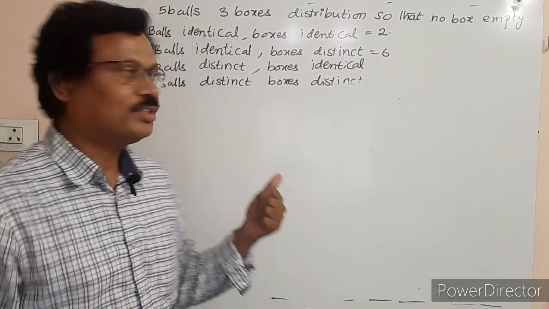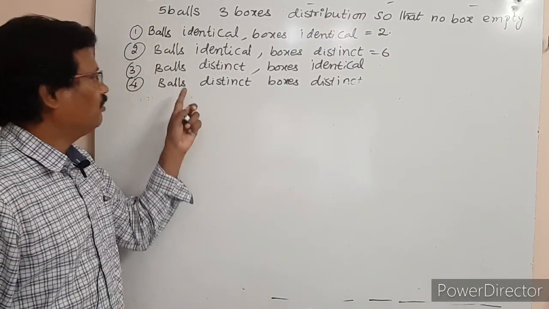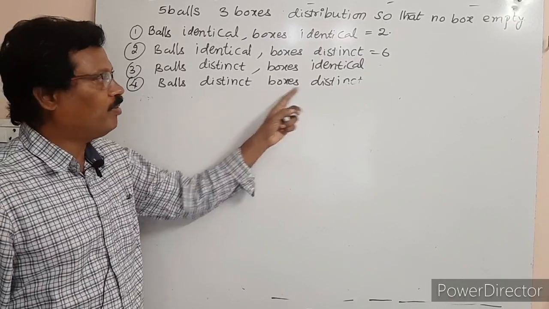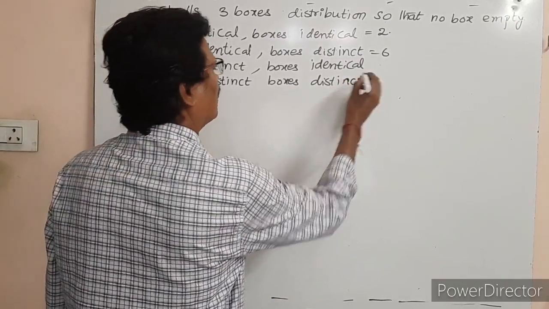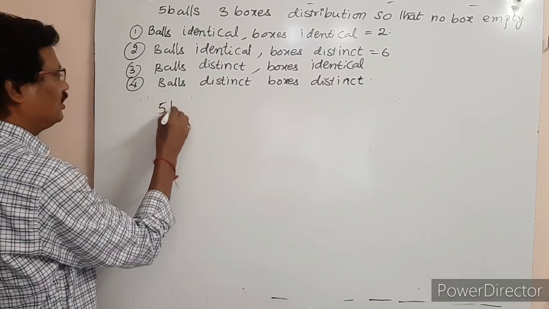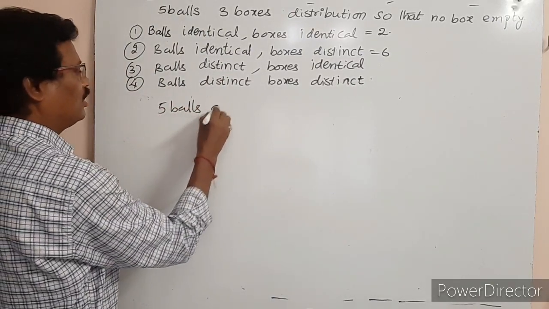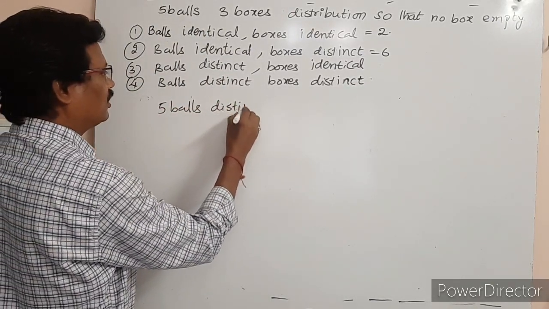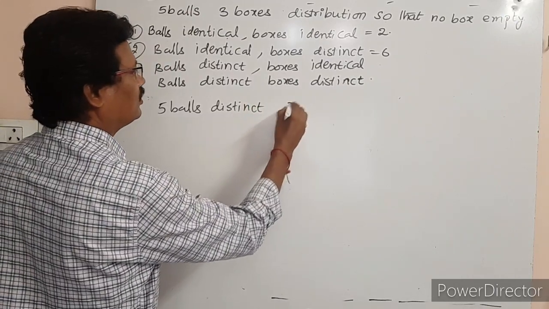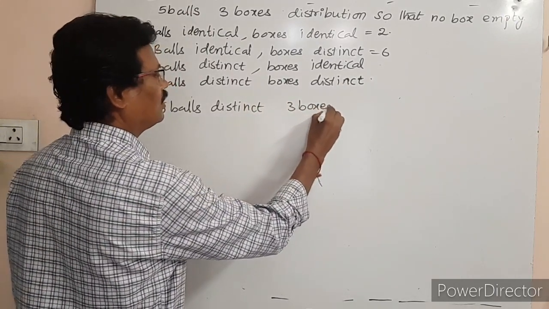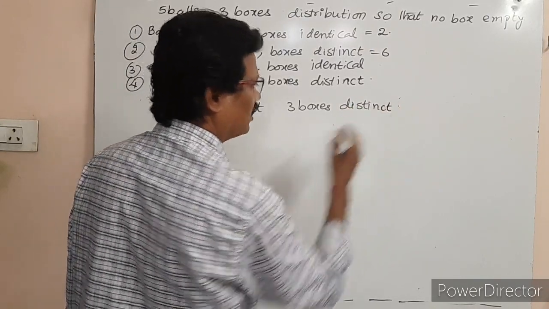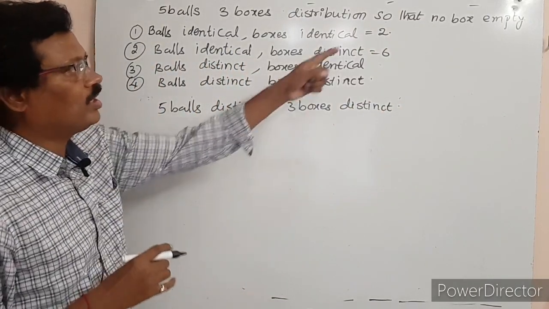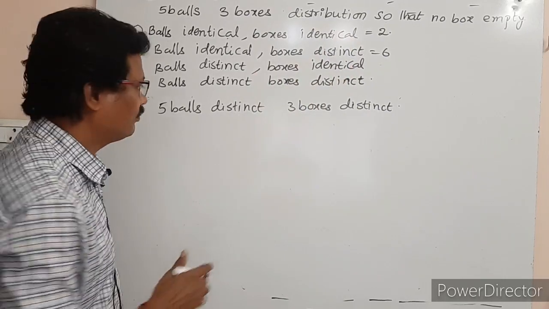Now, see the next, the fourth one. The balls are distinct and boxes also distinct. 5 balls distinct, 3 boxes distinct, so that no box is empty every time.